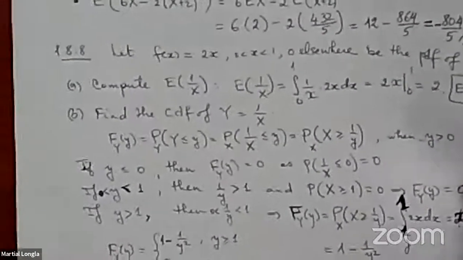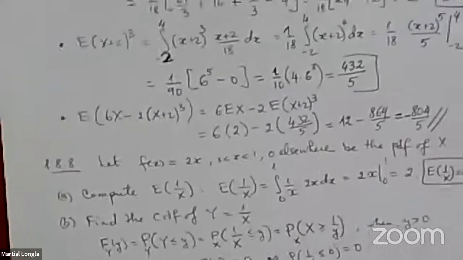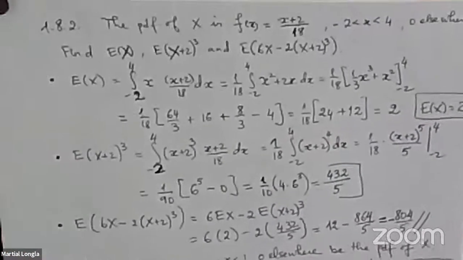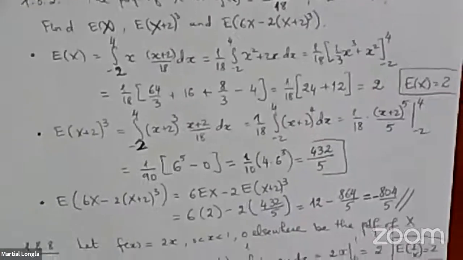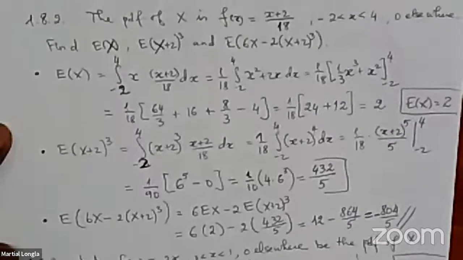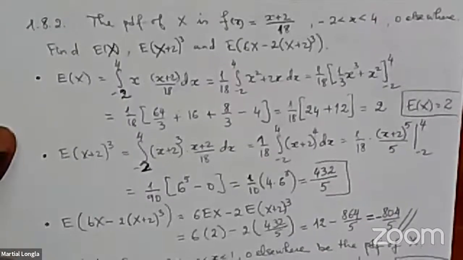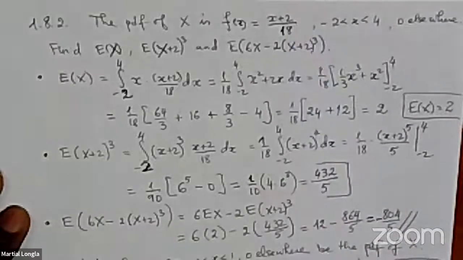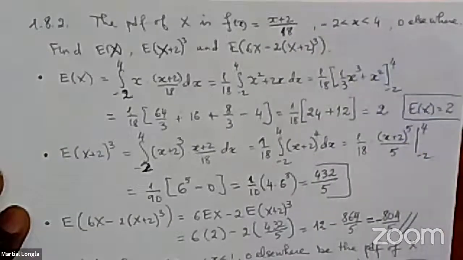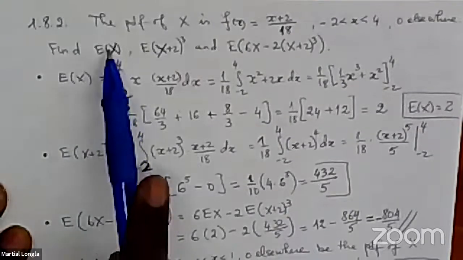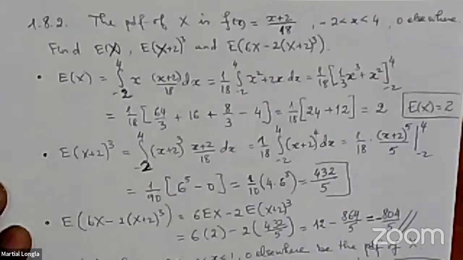All right, so if there are no more questions on this one, let's head to the next one. I think almost everybody got this one right, but anyway, let's talk about it. The PDF of X is given, X is between -2 and 4, and it's equal to 0 elsewhere. You're asked to find this, that, and this.